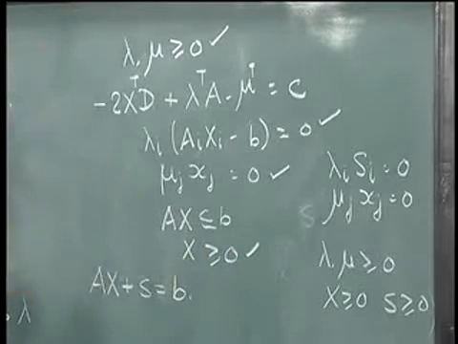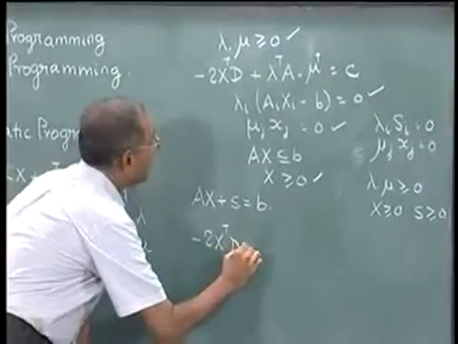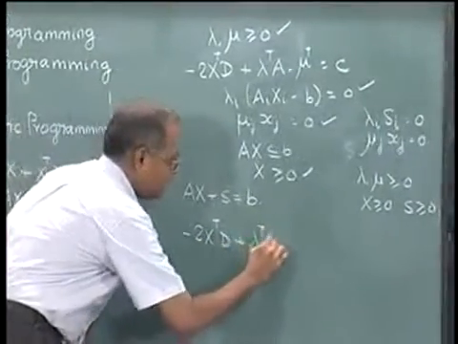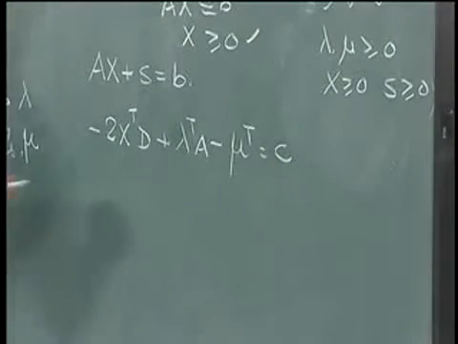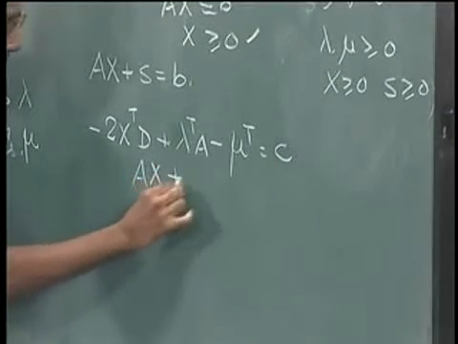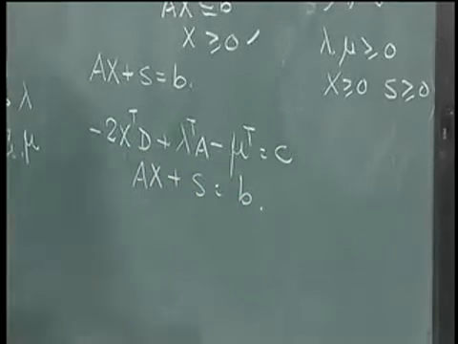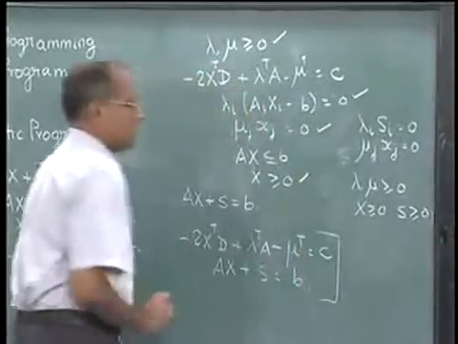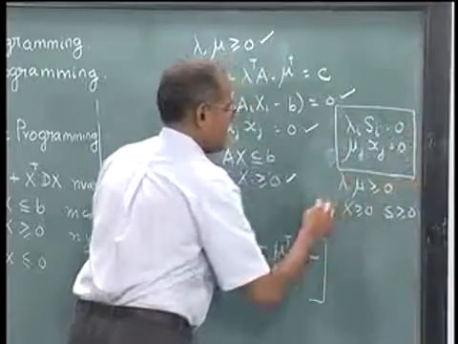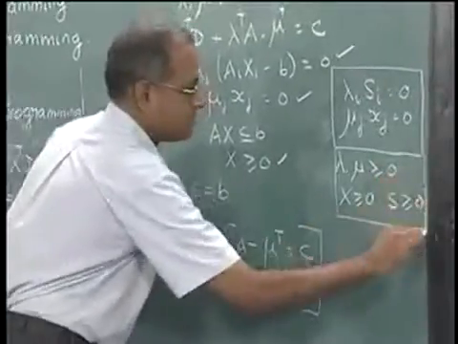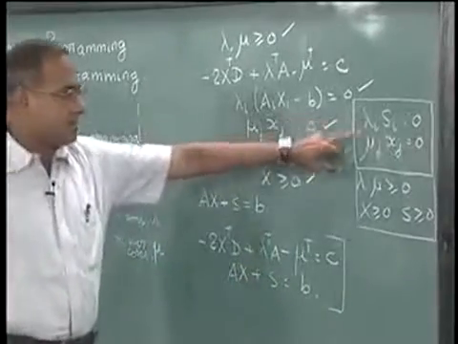So now the Kuntucker conditions reduce to minus 2x transpose d plus lambda transpose a minus mu transpose equal to c, and we have ax plus s equal to b. So Kuntucker conditions now reduce to this plus this plus this.